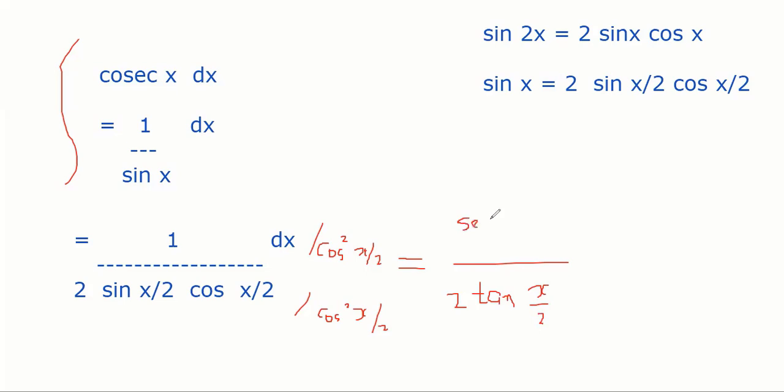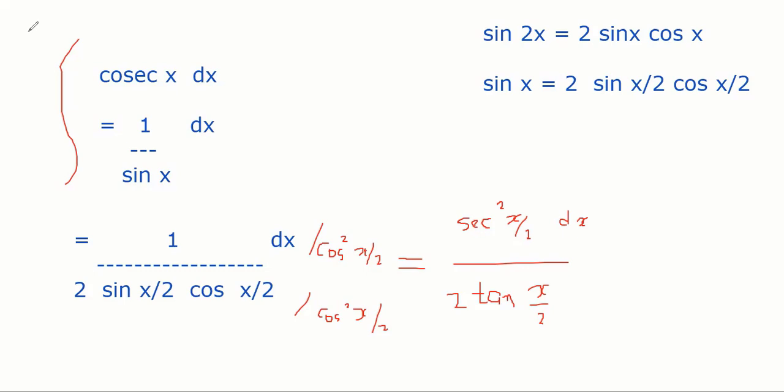Or the moment you know secant square, tell me, is it in the form of that or not? f dash x by f x. क्योंकि we know differentiation of tan x is secant square x. So now I could get in the form of f dash x by f x. Correct? Now it becomes so easy.